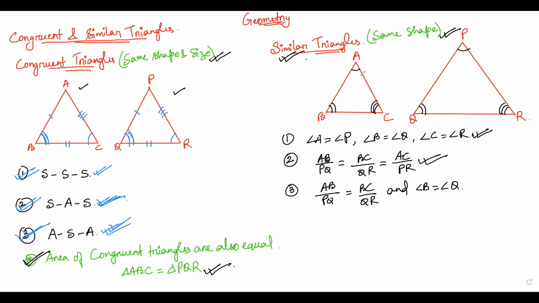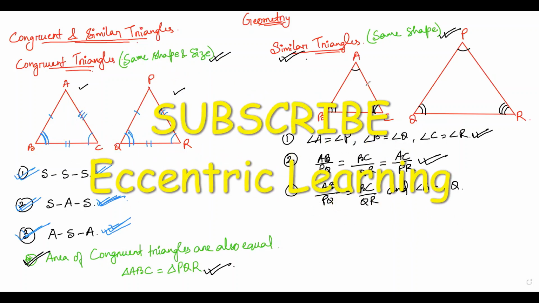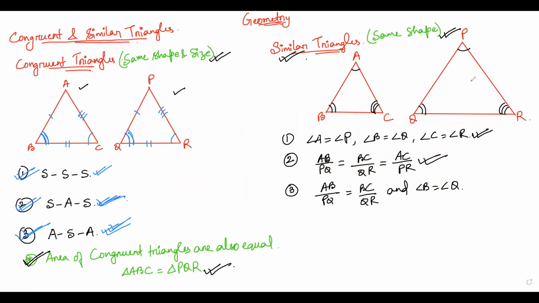By corresponding sides, we mean that if we take a side opposite to a particular angle in one triangle, we should consider the side opposite to the equal angle in the second triangle. So, if we are considering angle A is equal to angle P, then we need to consider the sides BC and QR, as these sides are opposite to angle A and angle P respectively for these two triangles.